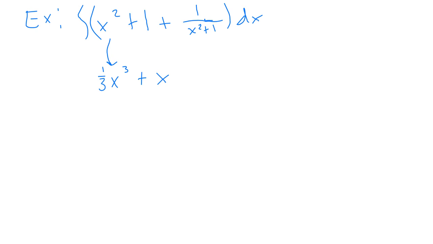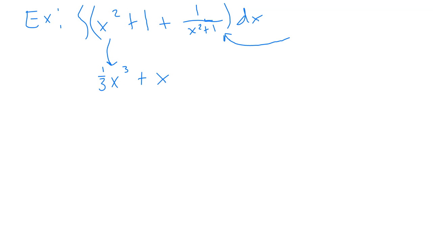And lastly, we have this little fun piece right here. If we think about all of our formulas that we've worked with so far, we can see that this one looks like it's in the form of an inverse trig function.